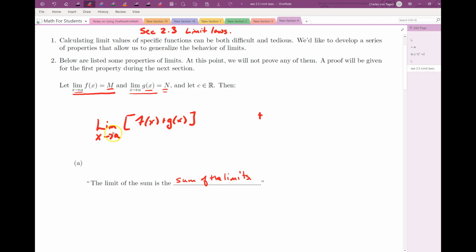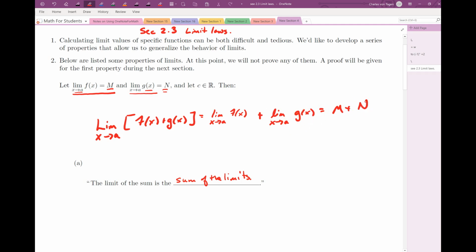We're going to distribute the limit over that. So this would be equal to the limit as x approaches a of f of x plus the limit as x approaches a of g of x. And just to fill this out, since we said that this limit right here would evaluate to be m, we can replace that with an m and replace this expression here with an n.